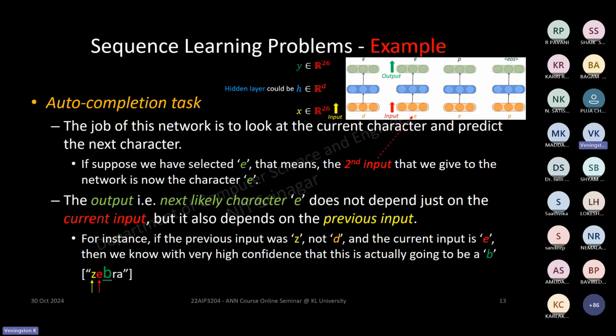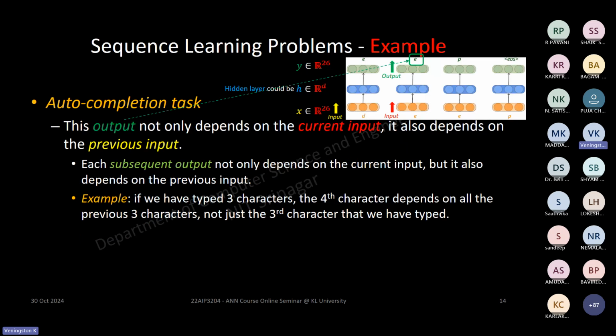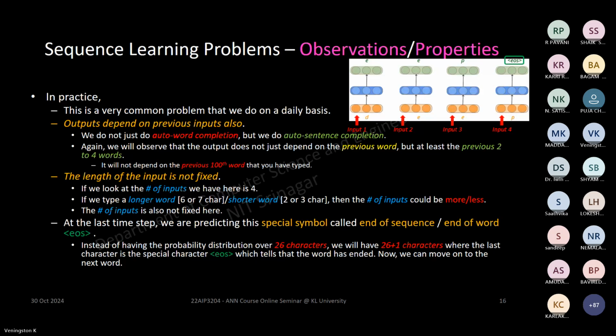There are a lot of examples to follow, but I hope it is clear that the auto-completion task is a kind of sequence learning task, where the output doesn't just depend on the current input, it also depends on all the previously seen inputs. So here are the observations from this sequence learning problem.